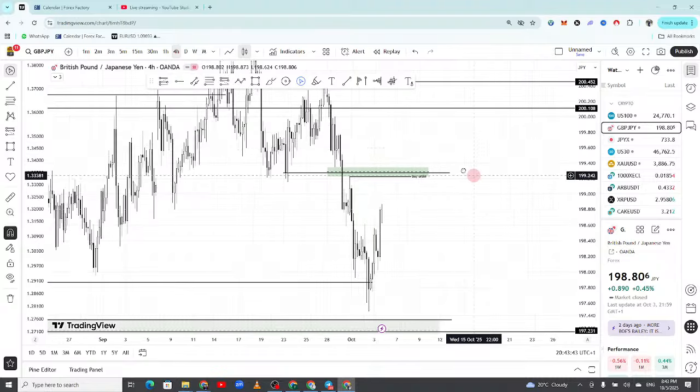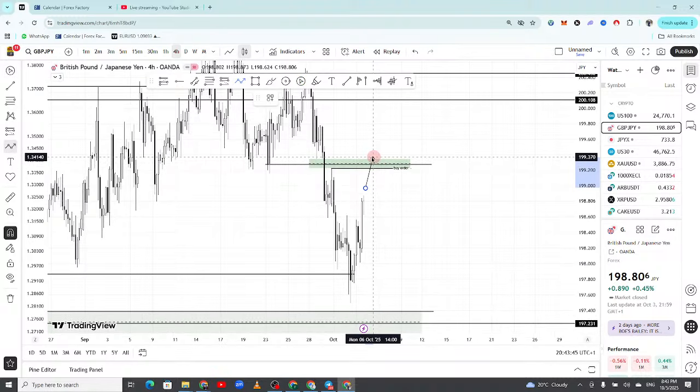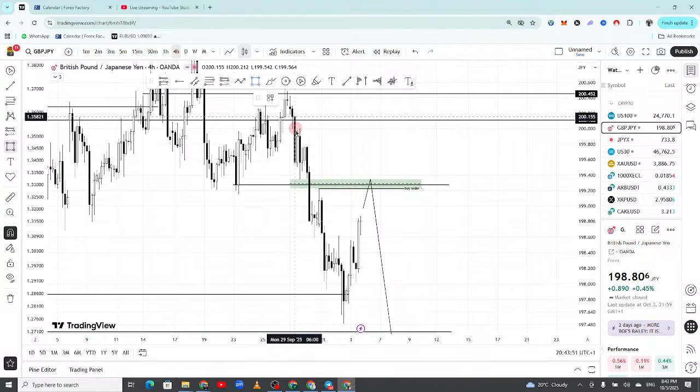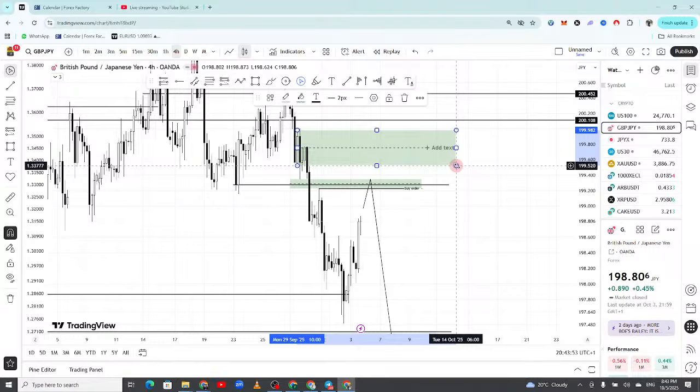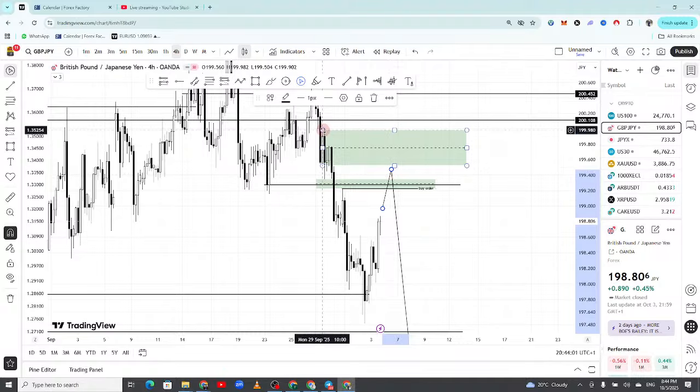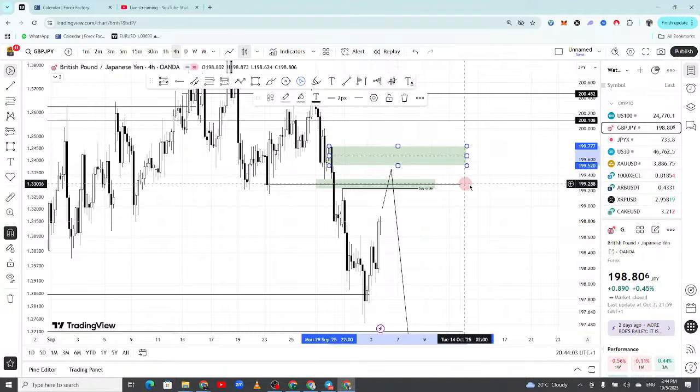So GBP JPY hits up like that, and then we take some shorts back down to this point. You can also expect that price can come up to this zone. Because this is a 4-hour time frame, we can wait for a 15-minute shift in market structure around that zone to have confirmation for sales, right? So that's all on GBP JPY.